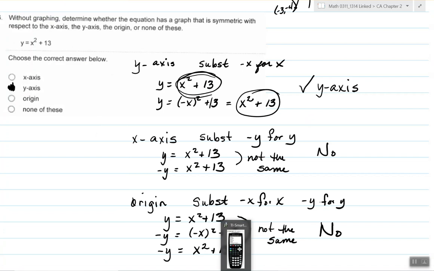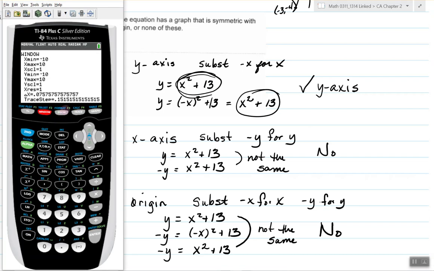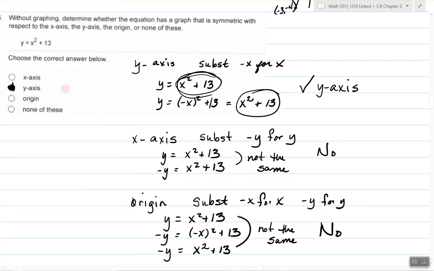That means it's shifted up 13. So in my window, I'm going to go to Y max and make it be 20. There it is. Can you see that this graph does have symmetry with respect to the y-axis? And that's what our test showed us as well.